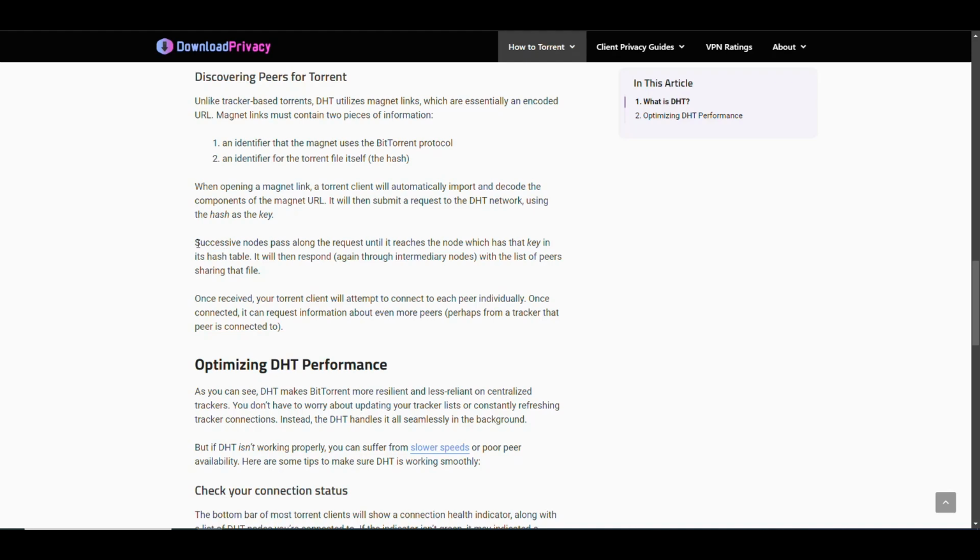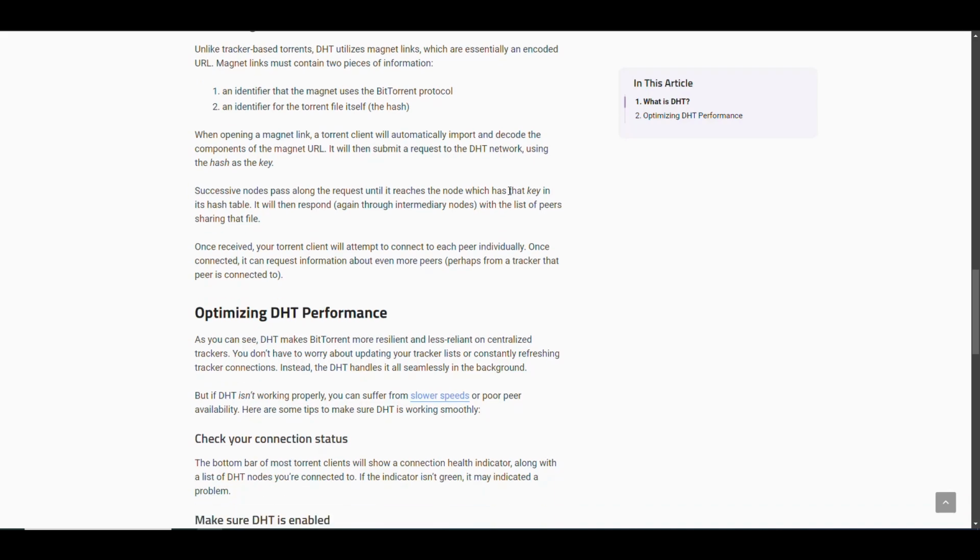So when a node receives your request, if they don't have it in their table, they'll just pass it along the network to another node until you find a node that has that key in their table.